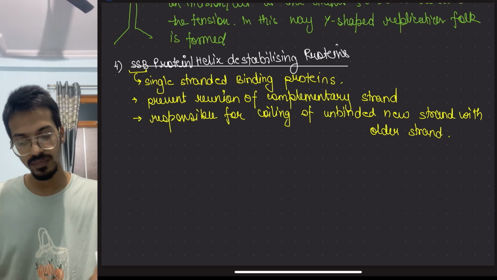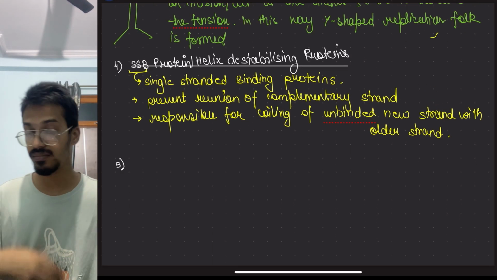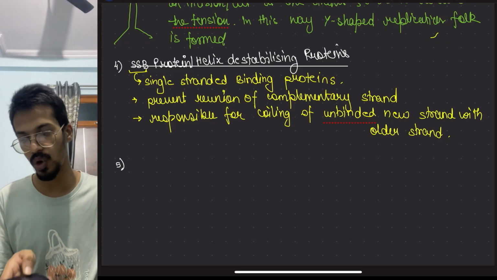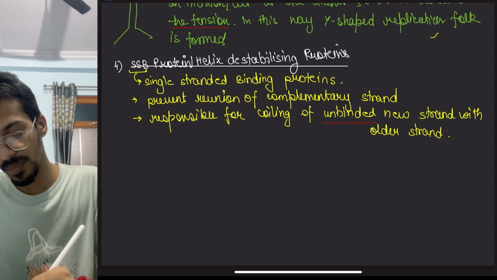We are learning all these different types of enzymes so that later on we can work over it with the process. The next one is DNA polymerase.